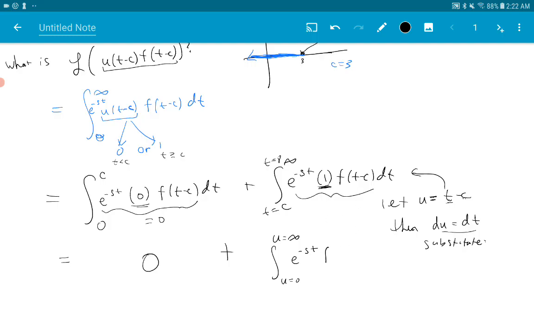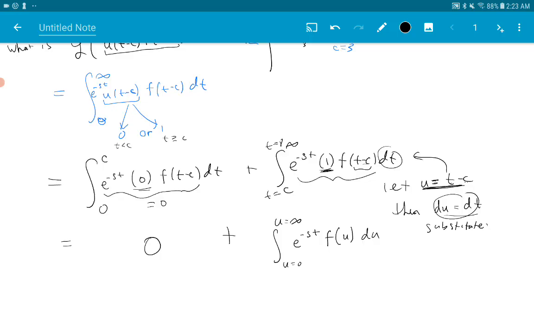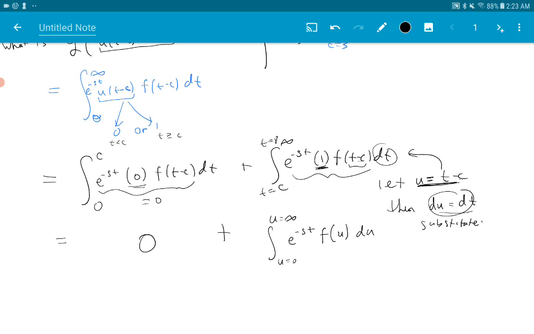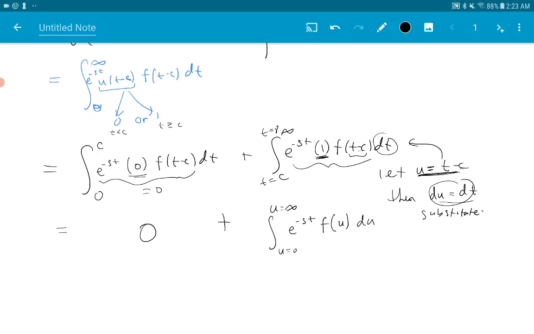And then it'll be f of u instead of f of t minus c, so I'm replacing t minus c with u. And then dt becomes du because of this. All right, so I'm almost there. Look at this. You recognize this? This is equal to the Laplace transform of f.